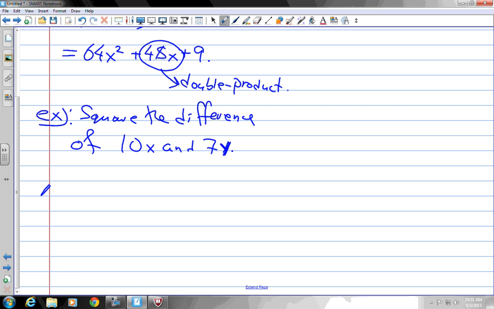So again, in math speak, it's 10x minus 7y quantity squared. Because it says only one square, right? Square the difference. So 10x minus 7y squared.